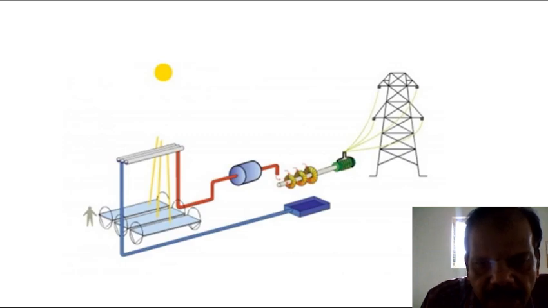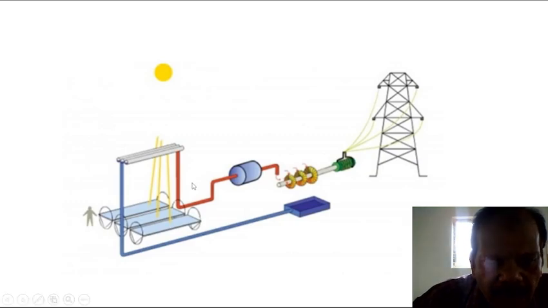So this is the arrangement of the linear Fresnel reflectors, where the reflectors are arranged at the bottom side of the tower, that is the axis, where the fluid flows through the pipes. The blue line shows the cold fluid entering the tubes, which gets heat from the sun rays reflected by the Fresnel mirrors.